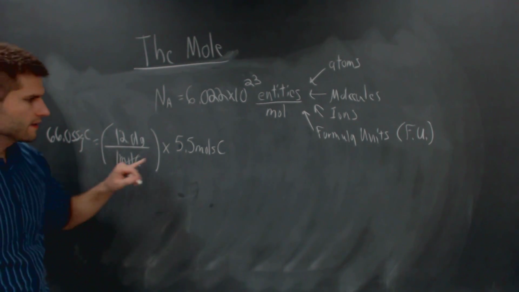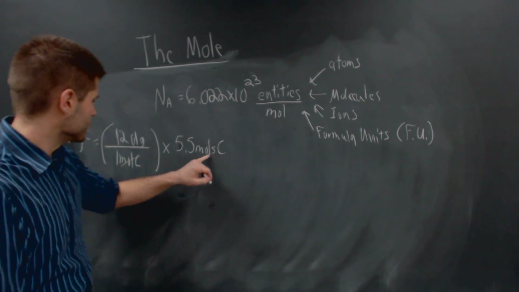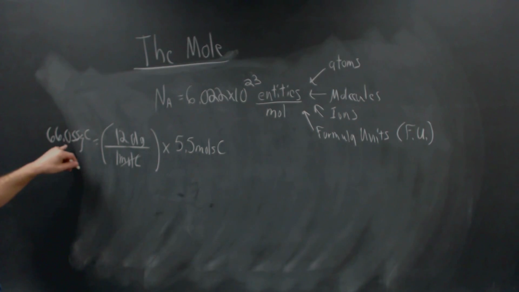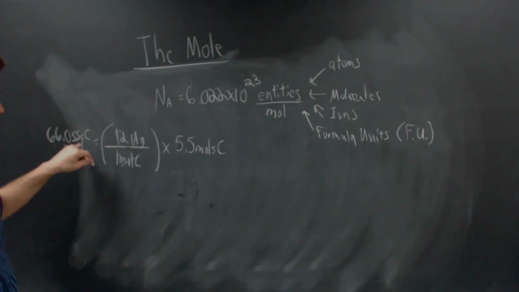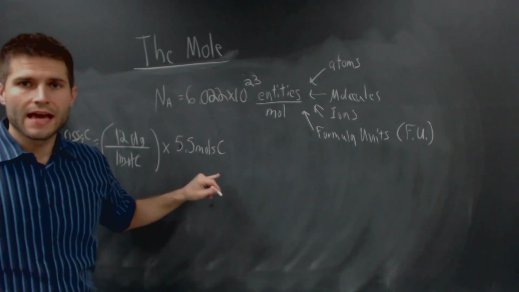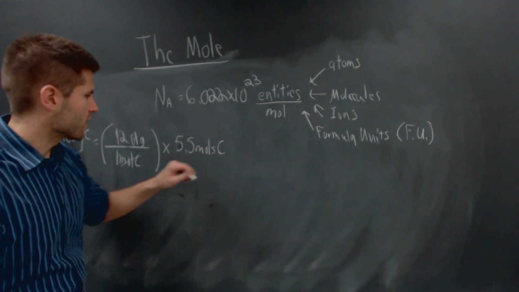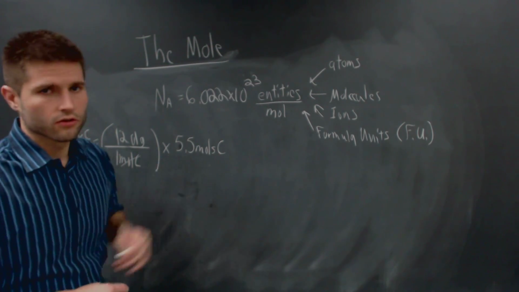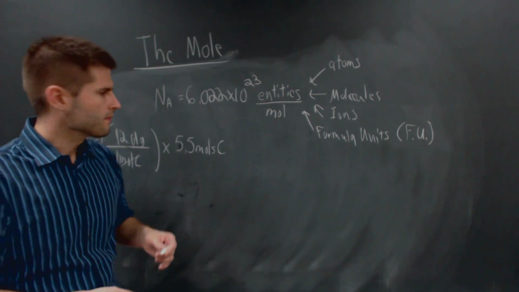So that's what 5.5 moles of carbon equals. We can multiply by the molar mass, which is given on the periodic table, and we end up with a mass. So what this says is for every 66.055 grams of carbon, we actually have 5.5 moles of carbon. And of course, in this case, the 66 would only be 2 significant figures.